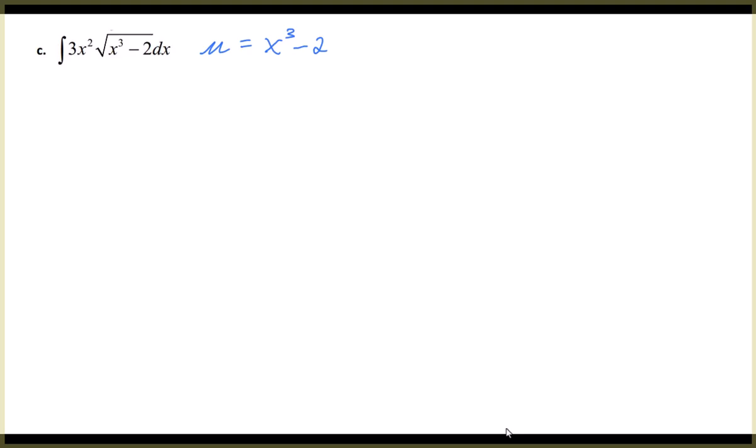Okay, what's the derivative of x cubed minus 2? 3x squared dx. Exactly. And so again, just to make sure everybody sees the pattern, I just changed the order. That's all I did right there.